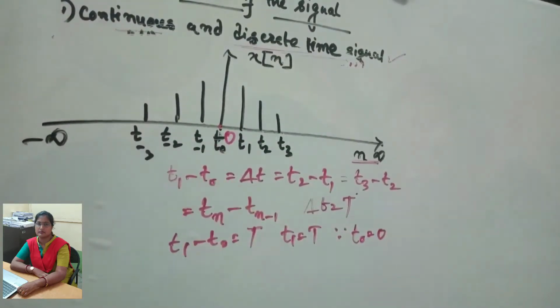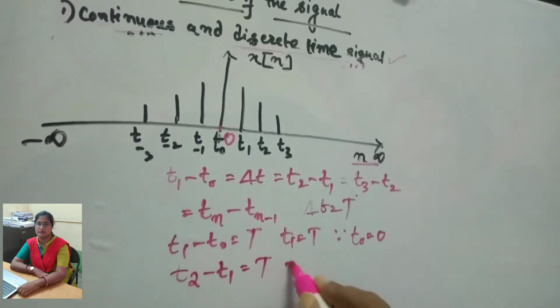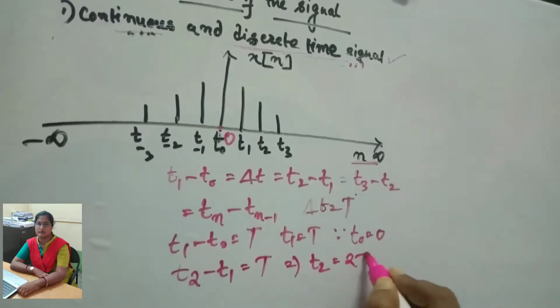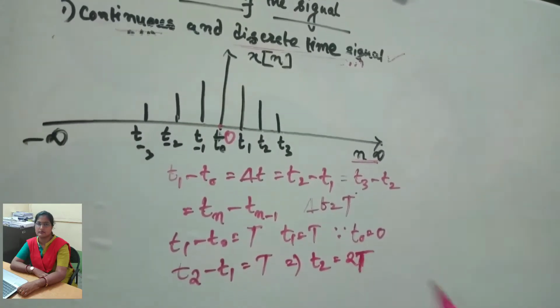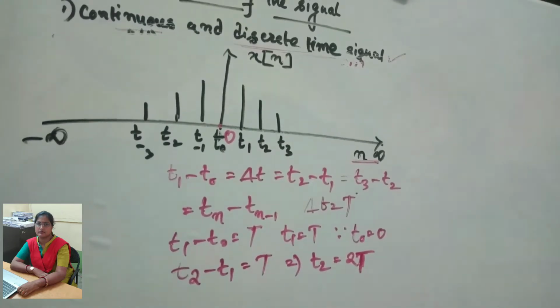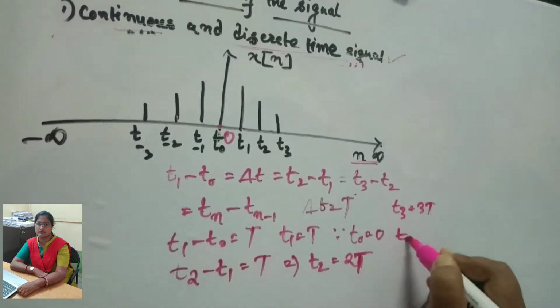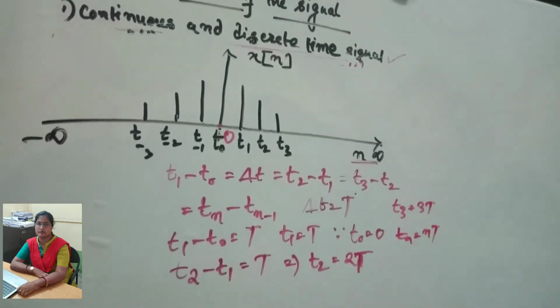Likewise, t2 minus t1 is also T, hence t2 equals 2T. By replacing t1 with T on the right hand side, we get t2 equals 2T. Similarly, t3 equals 3T, and in this way tn equals nT.